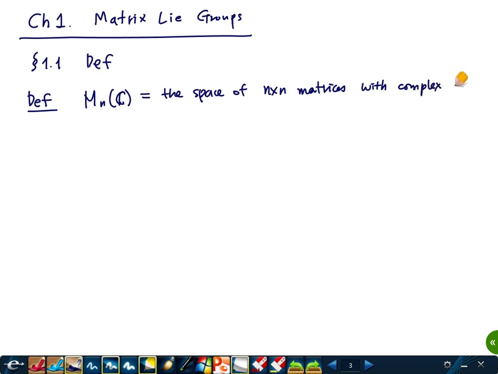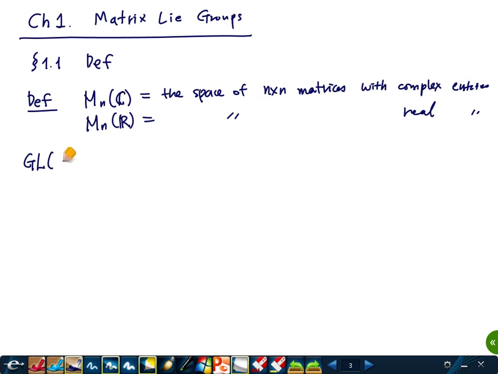Of course, we can work with real numbers. If you change C by R, everything is the same, except that we use real numbers.